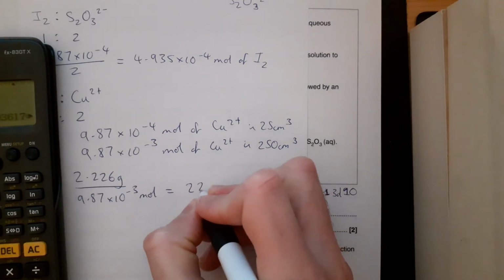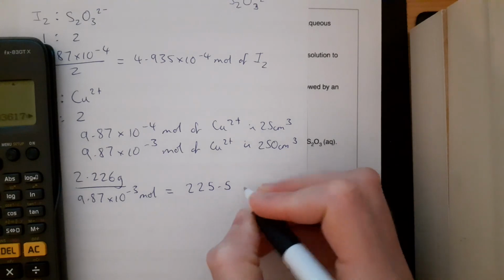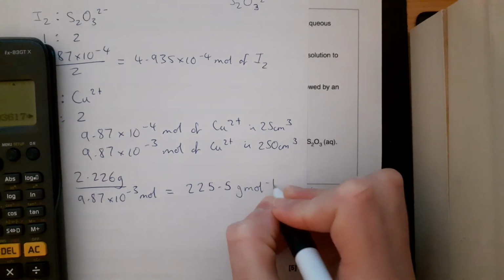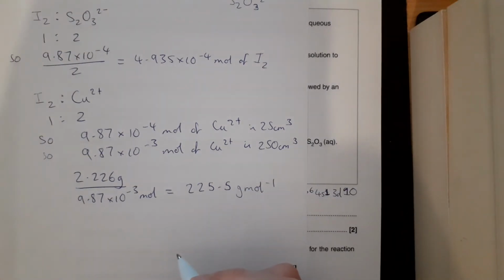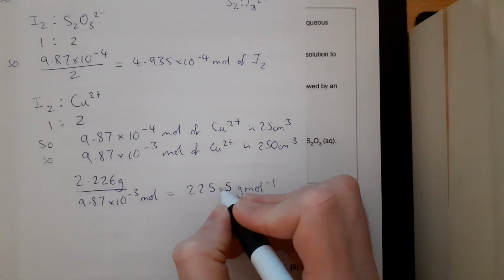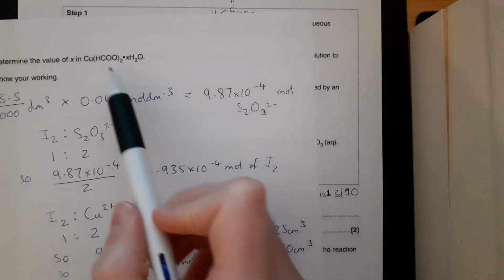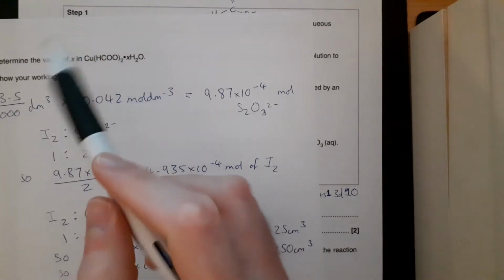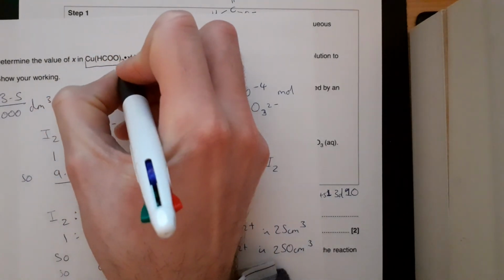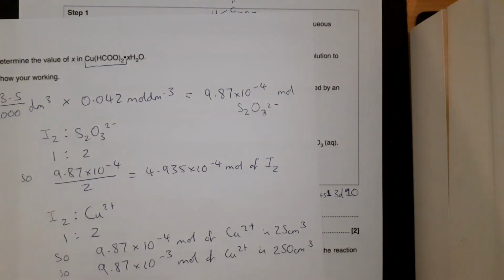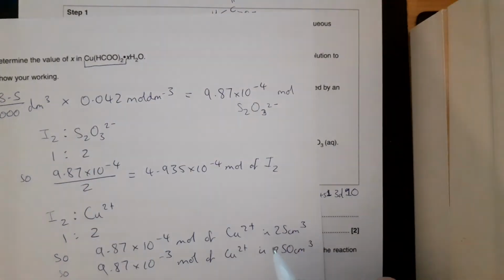So we get 225.5 grams per mole. Okay, so that is our formula mass of the hydrated version. So that is the formula mass of this whole thing. What we can now do is work out the formula mass of this anhydrous part and take that away, and that'll give us the formula mass of the water.